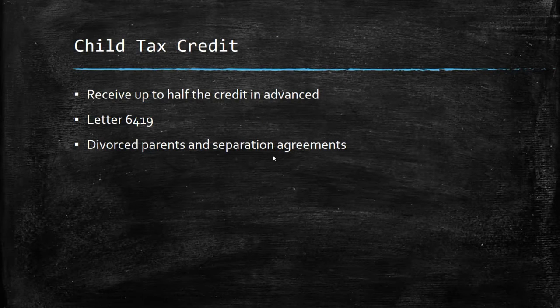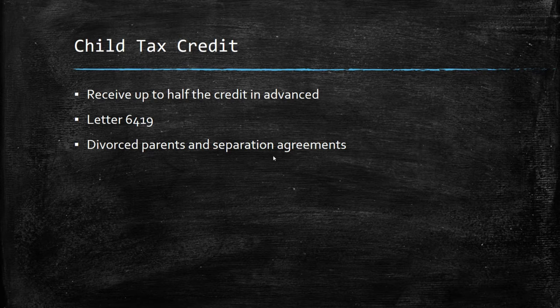You would get $300 a month for that child starting in July of last year, all the way through December, and that would have added up to the $1,800 amount, which is half of the $3,600, half of the entire credit. If you had a child that was 6 through 17, it was $250 a month that was received in advance. So very good credit. People enjoy getting their tax refund sooner rather than later.